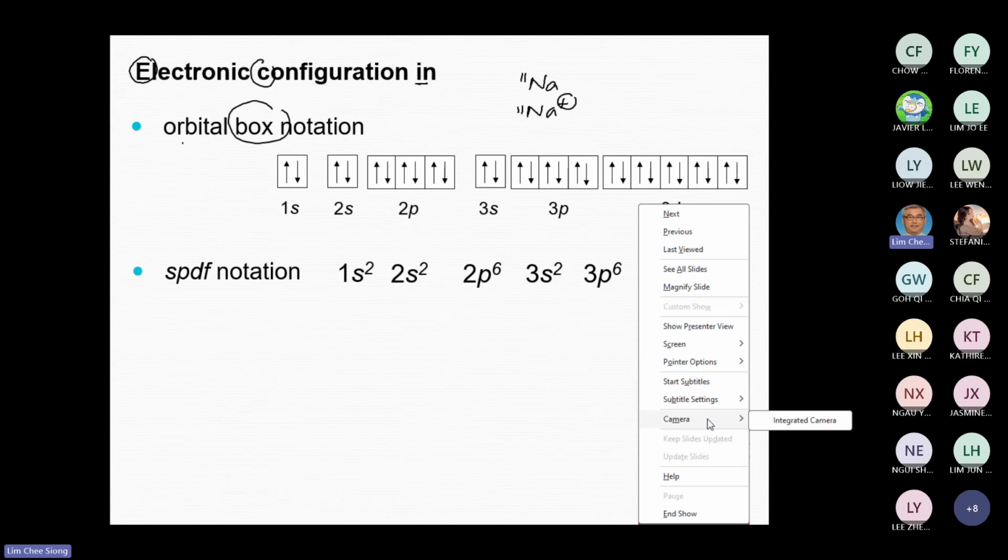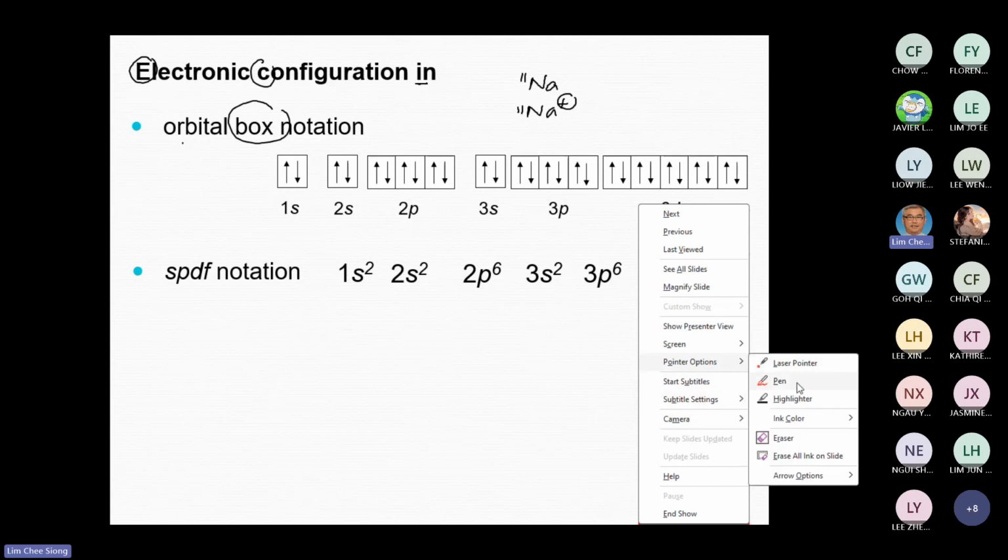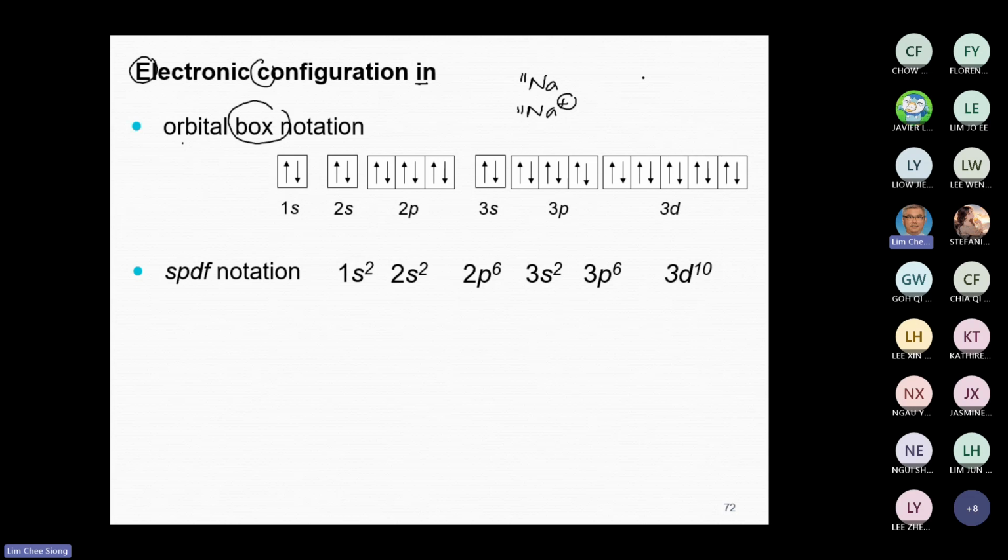If the question comes up based on chlorine, then how is it? For example, chlorine has 17 electrons. So you have 1, 2, 3, 4, 5, 6, 7, 8, 9, 10, 11, 12, 13, 14, 15, 16, 17, stop over here already.